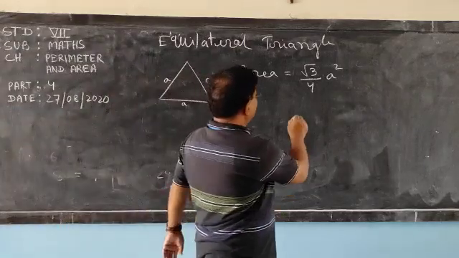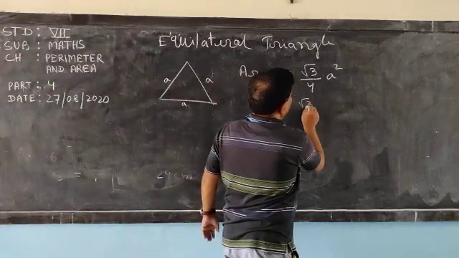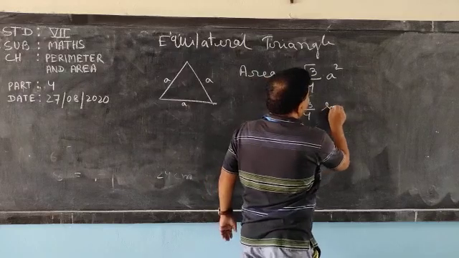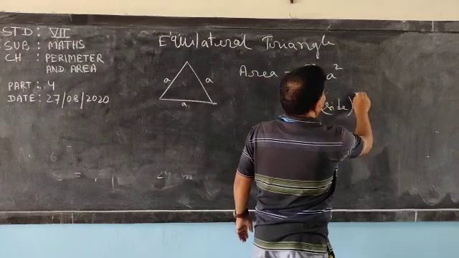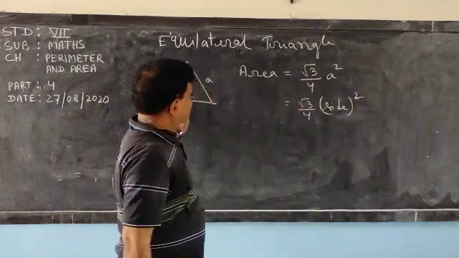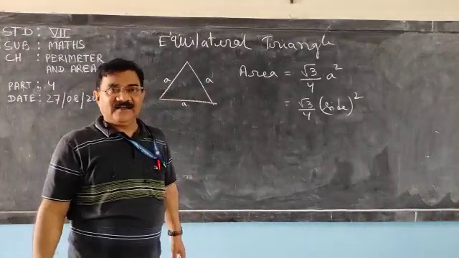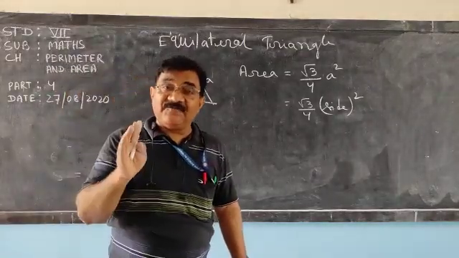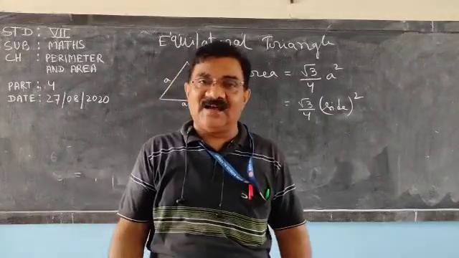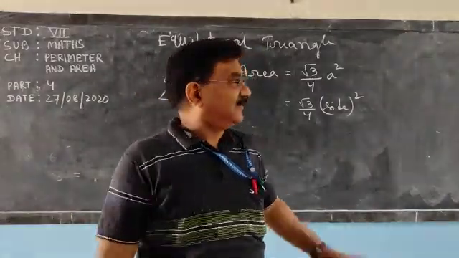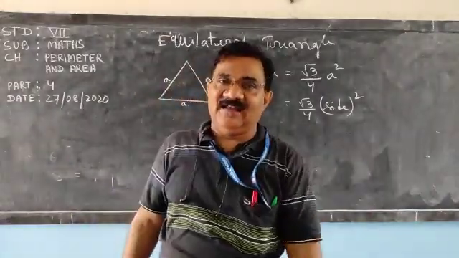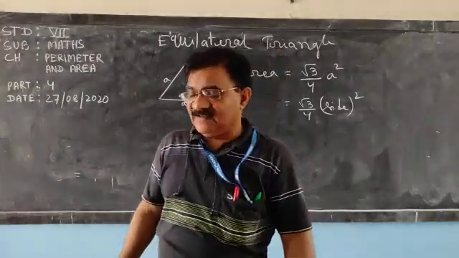Or you can write root 3 by 4 side into side, because here a is our side. So we have understood, if an equilateral triangle is there and we are asked to find its area, we can use this formula.